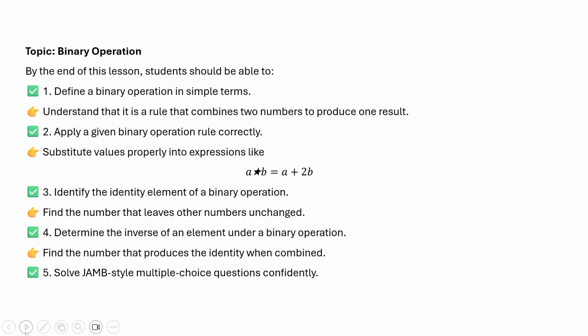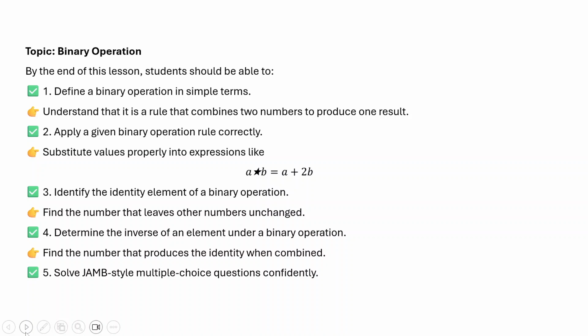So we dive in. At the end of this lesson, we are going to be defining binary operation in simple terms. Understand that it is a rule that combines two numbers to produce one result. Secondly, we apply a given binary operation rule correctly, substitute values properly into expressions like a star b is equal to a plus 2b.